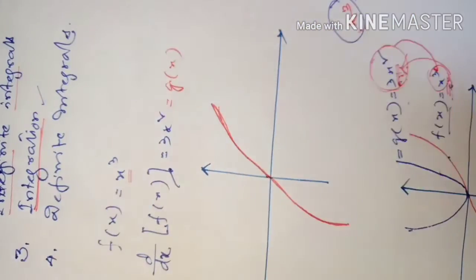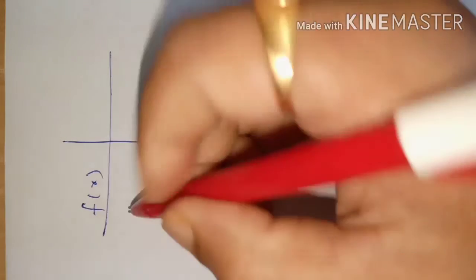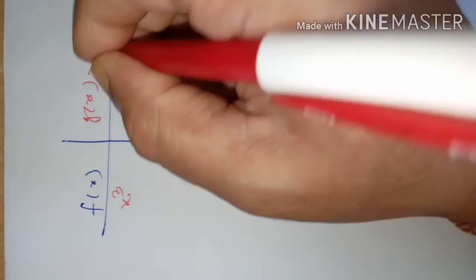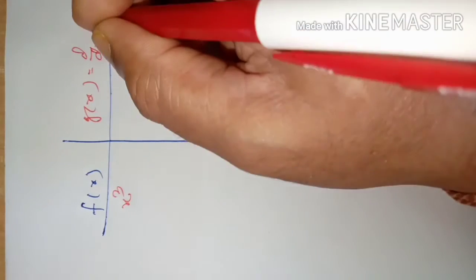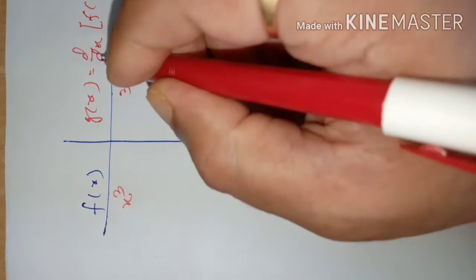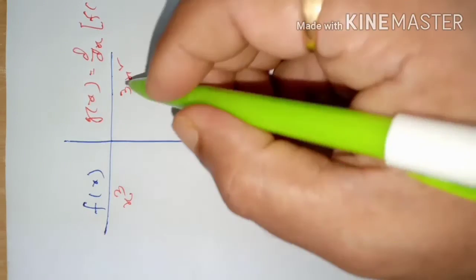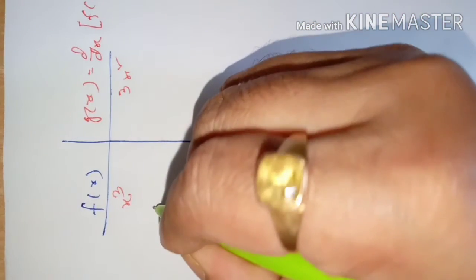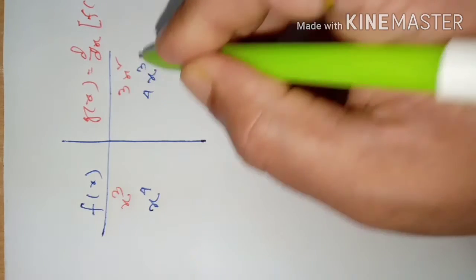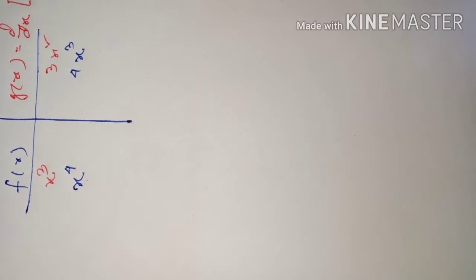Okay dear students, to make it more clear, I am giving you some examples. Here f of x is x cubed and g of x is the derivative of f of x, which is 3x squared. Now another one, say x to the power 4. Its derivative is 4x cubed.